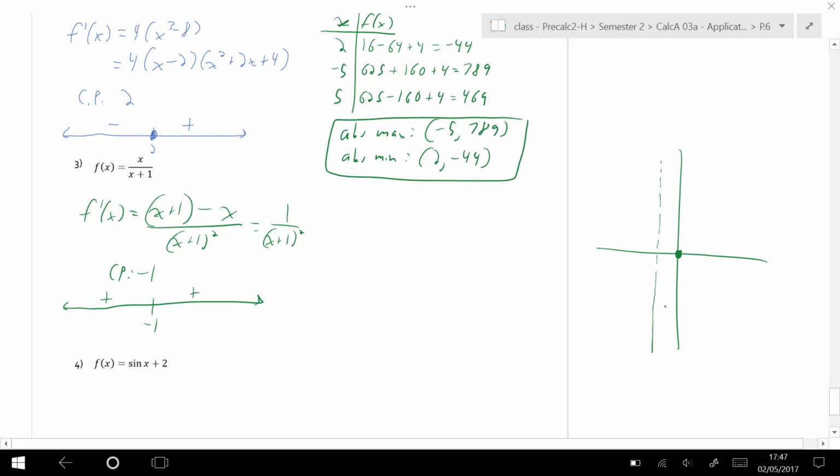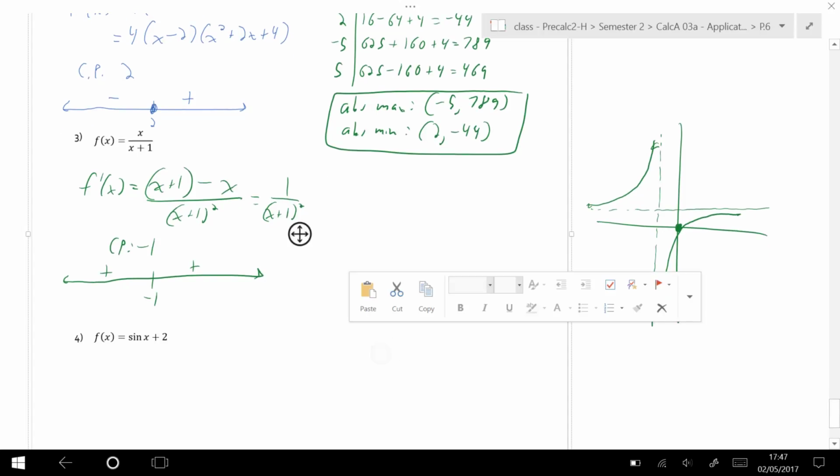To the right of that, it's going to be increasing. It's going to do something like this. It's got a horizontal asymptote at 1, so it's actually going to be more like this. And it's going to look a little bit like that. So that's the split that's happening on this graph, if I just want to get a visual.